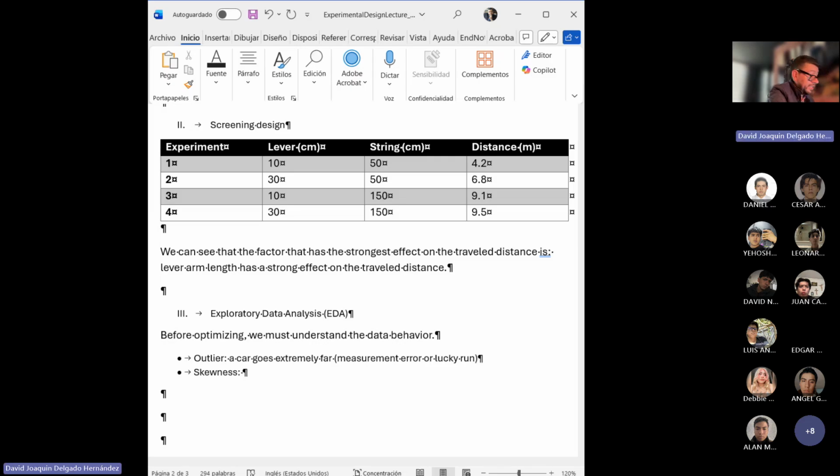For instance, you could have many short distances and few long distances, okay? That is the point of skewness.